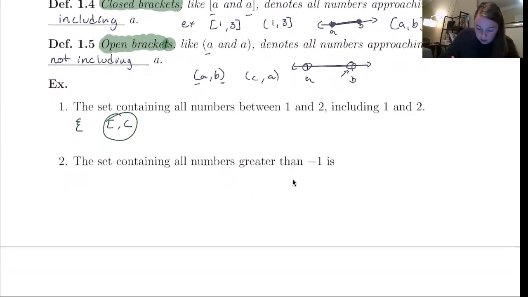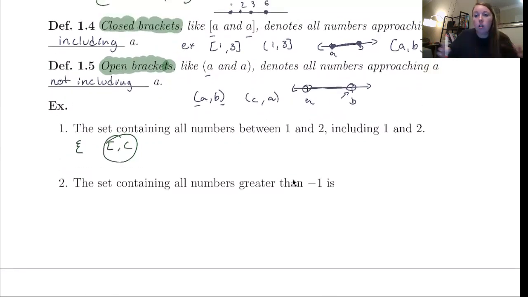So I'm not using this because I'm doing all of the numbers: 1.5, 1.6, 1.777777777 and on, right? I can't write every single number, so I use the open and closed brackets to help me do that. Okay, so there's lots of different ways of writing this.